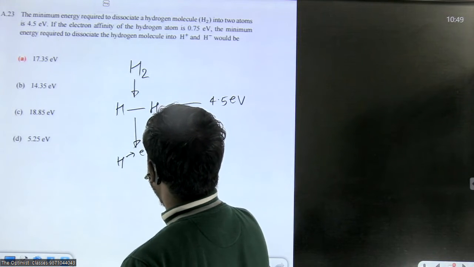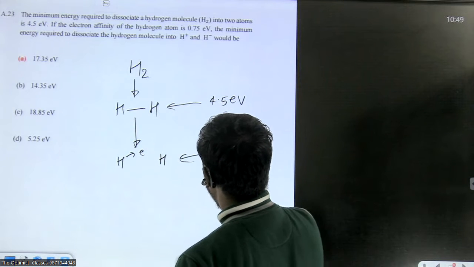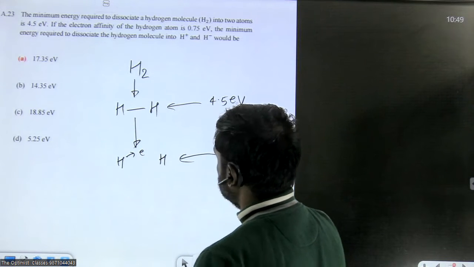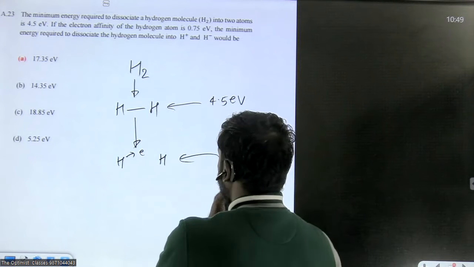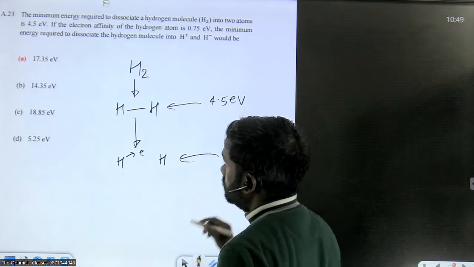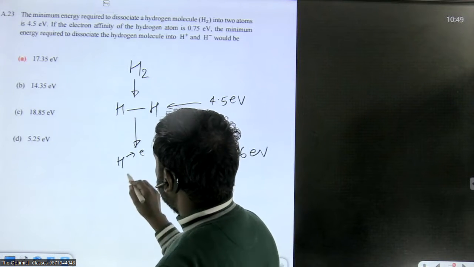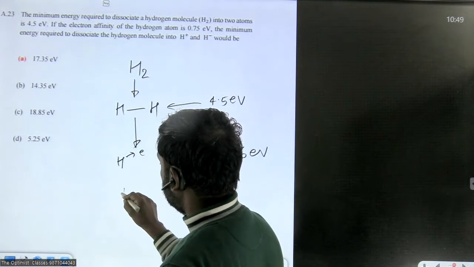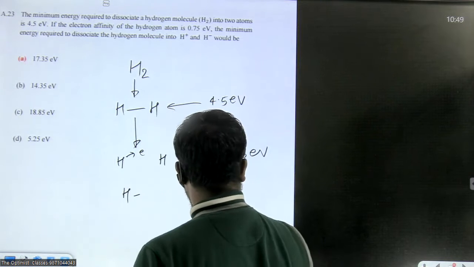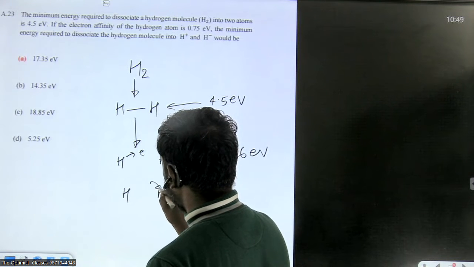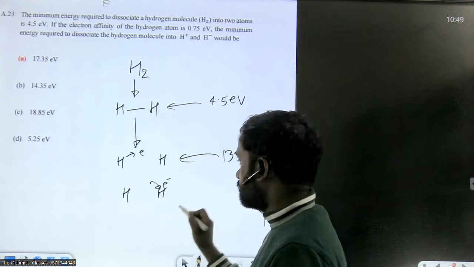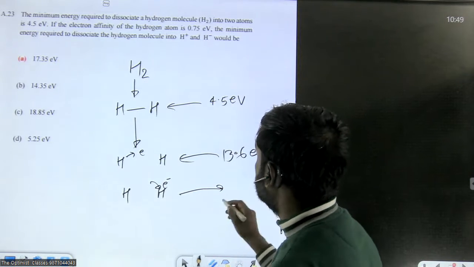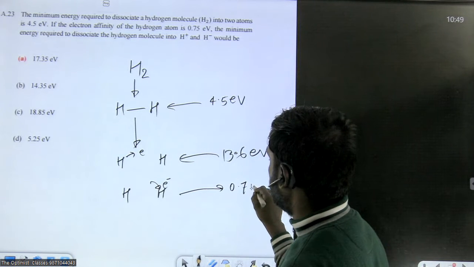Okay, so in this case also we give 13.6 electron volt. If you want to remove one electron from a hydrogen atom, you have to supply 13.6 electron volt energy. Now if you transfer this electron to another hydrogen atom, you are adding this electron to another hydrogen atom. Because of electron affinity, it releases energy of 0.75 electron volt.